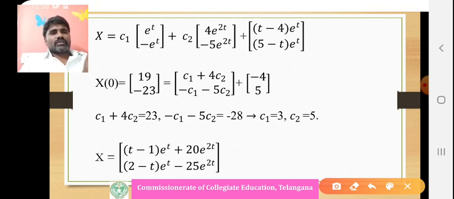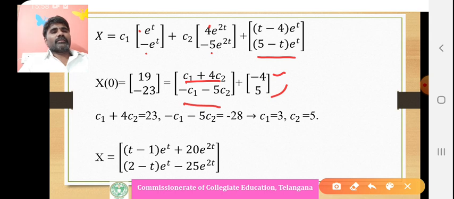Then it becomes c1 plus 4c2, and minus c1 minus 5c2, and this term, t being 0, gives minus 4 and plus 5.